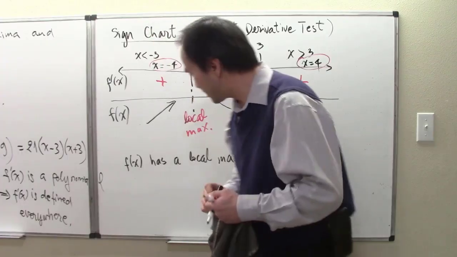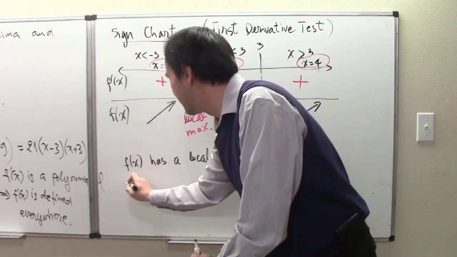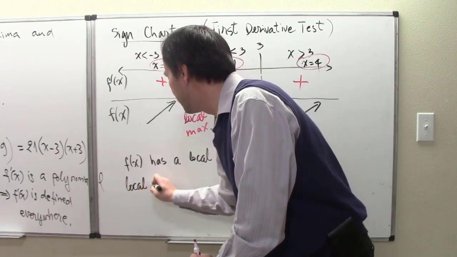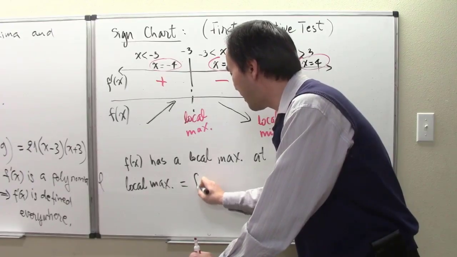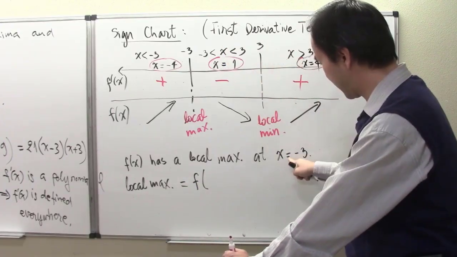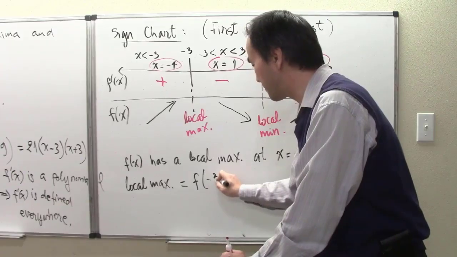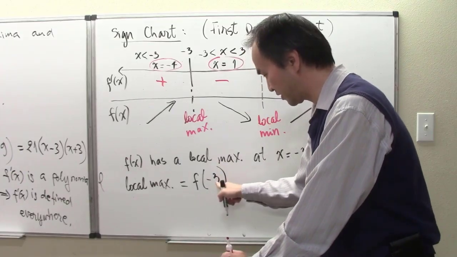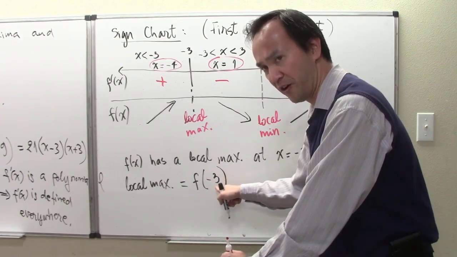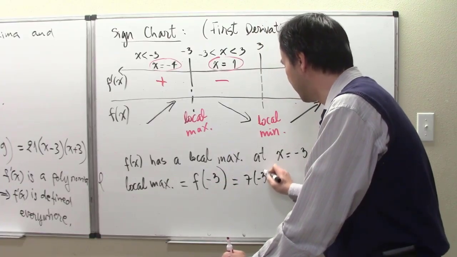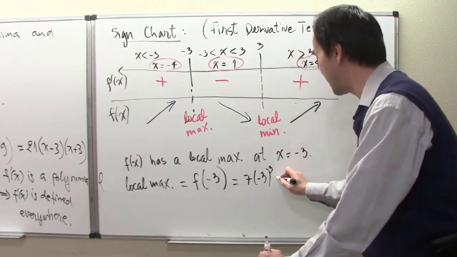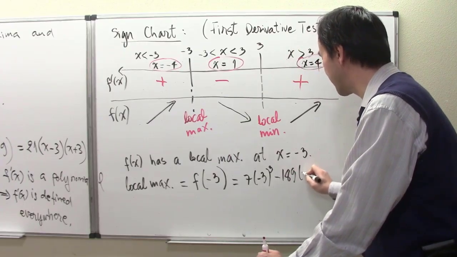So here I'm looking at the local maximum value that we have. It comes out being the function value at, so where was that? Negative 3. So f of negative 3. And this is where you're substituting negative 3 into your original function, which is pretty high power. 7 times negative 3 cubed minus 189 times negative 3.